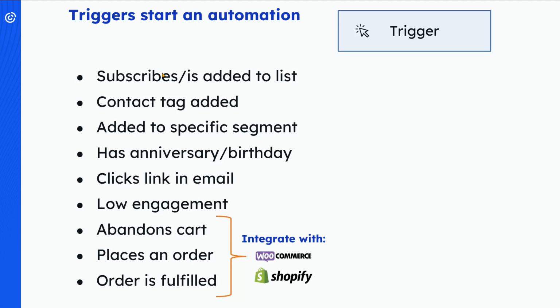Say I want to see all the contacts in my account who have not opened any email I've sent them, the contacts who have opened 0 emails for an entire year. I'm going to send them 70% off just to see if I can get them into the store. Birthday, anniversary, clicked a link in an email, low engagement, and then several options with e-commerce. So a trigger is pretty much any action that a contact does.